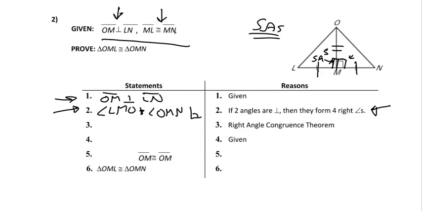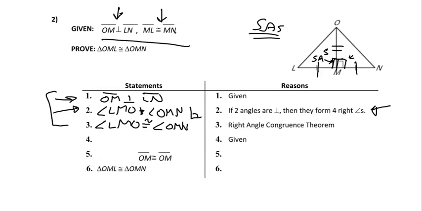But now, instead of saying the angles are right, therefore the triangle is right, since we're not doing HL, we would move to saying the angles are congruent. Okay, that's the difference of how we use right angles with HL versus everything else.